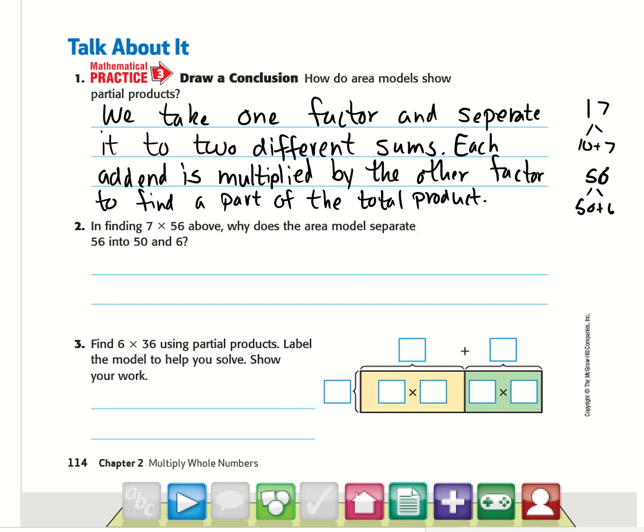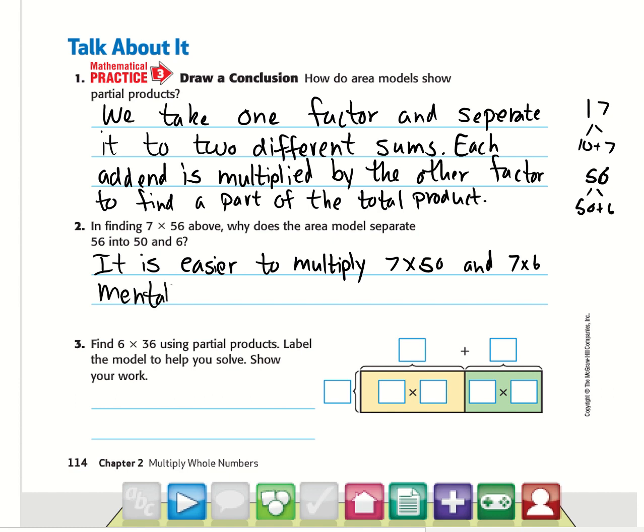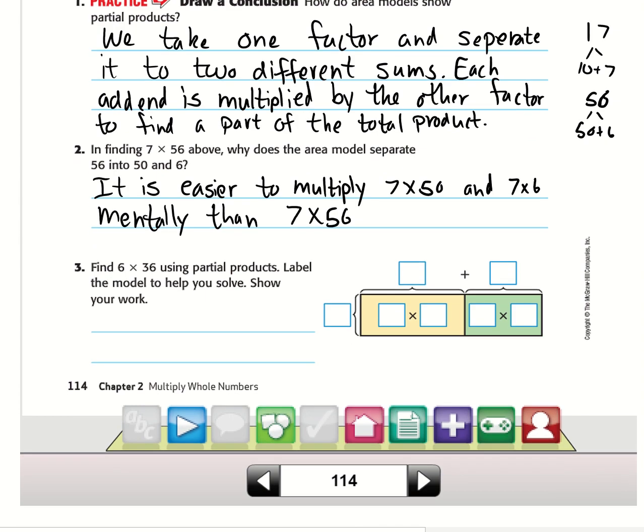Well, one reason is to have one ending in a 0, but how we want to state this is it is easier to multiply 7 times 50 and 7 times 6 mentally than 7 times 56.